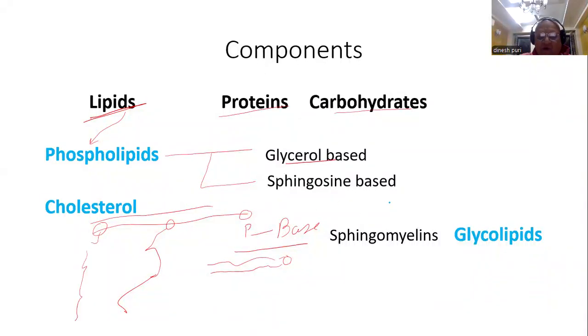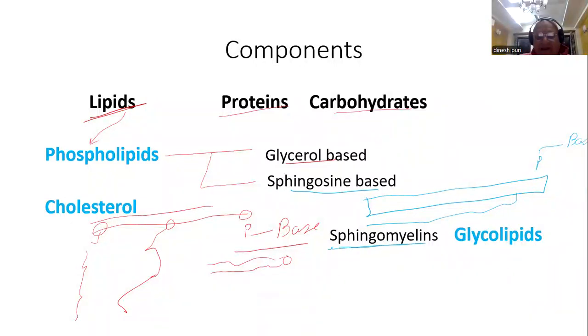So sphingosine, 18-carbon amino alcohol, fatty acid esterified here, and then a polar phosphate and base. So sphingosine-based phospholipids are called sphingomyelins.